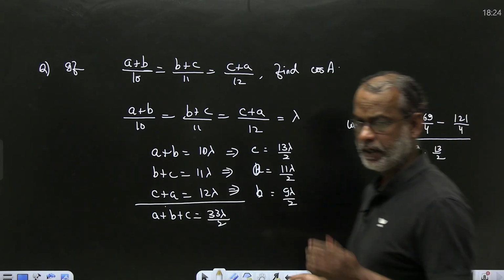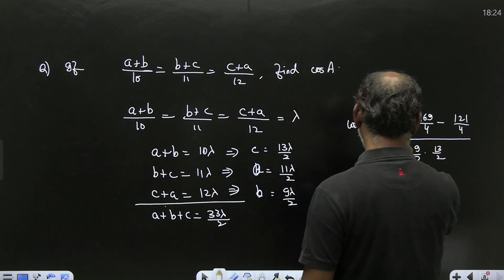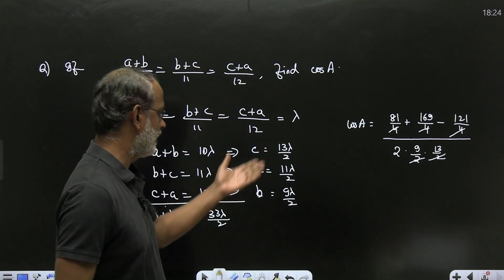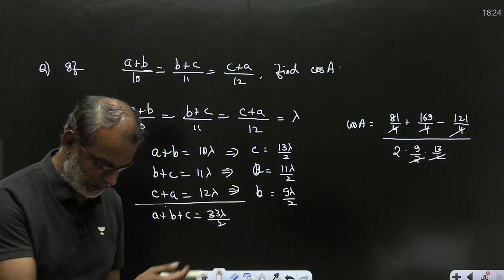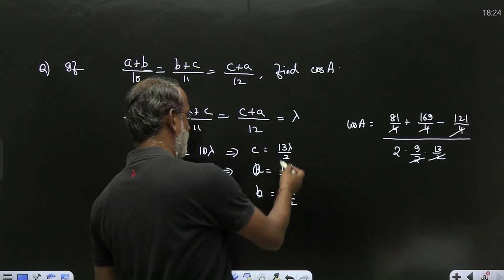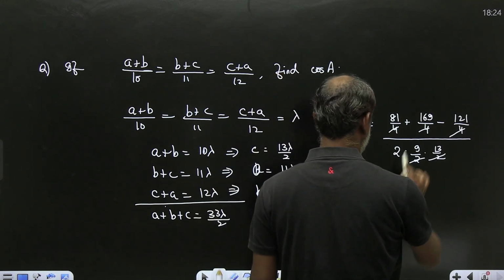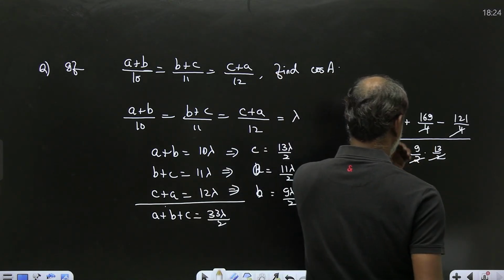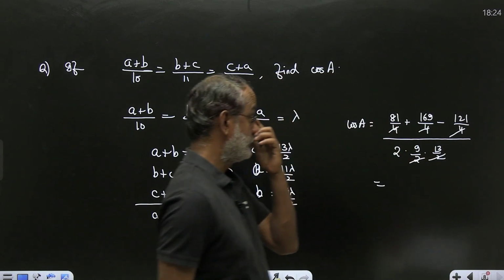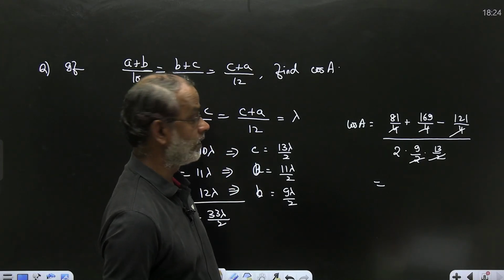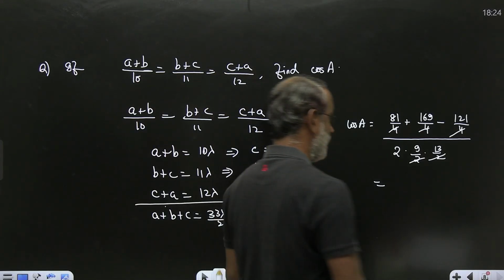So at the very beginning we could have got rid of this factor. Even though I wrote it and then cancelled, it is only an issue of proportionality. So we could have taken the proportion 13 is to 11 is to 9. So what is this? 169 minus 121, 48. 48 plus 81, 129.